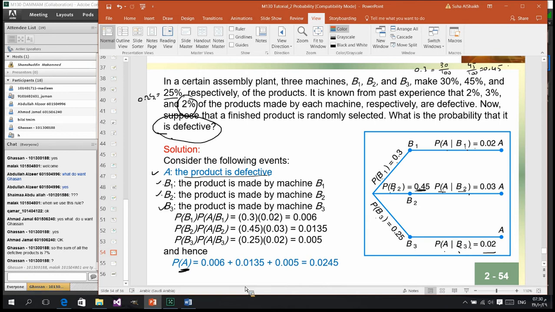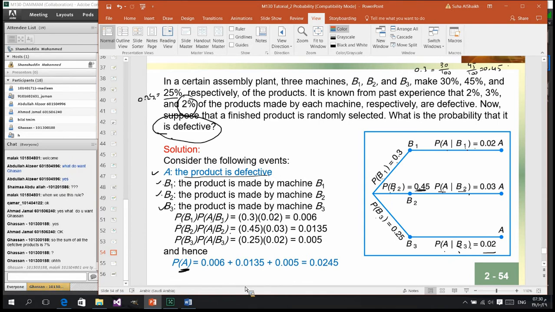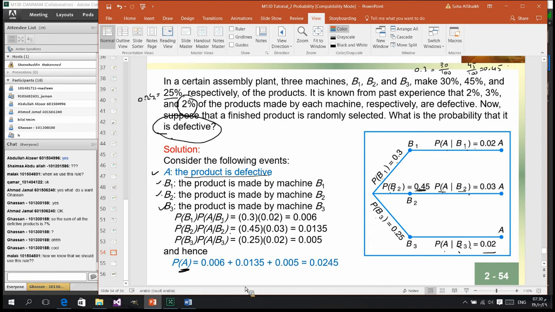Multiply B1 by A given B1, B2 by A given B2, B3 by A given B3, multiply everything and add. This gives you the probability of A. The rule tells me the probability of A is the sum of the probability of Bi times the probability of A under condition Bi. Right? Sum. We use this one here.